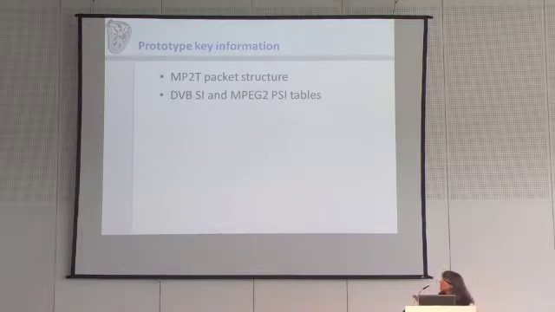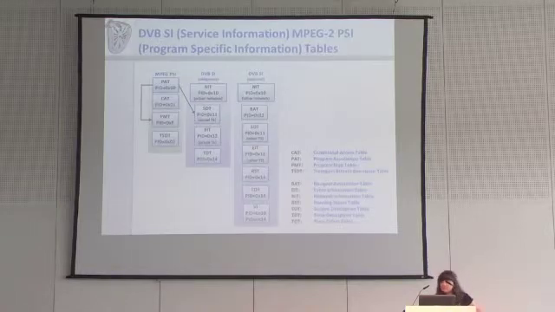Well, I'm going to talk about the key points I need to synchronize: the MPEG-2 transport stream packet structure, and the DVB SI and MPEG PSI tables. Here we have the MPEG PSI tables, program association table, the PMT. In my prototype, these are the only things we're using at the moment.